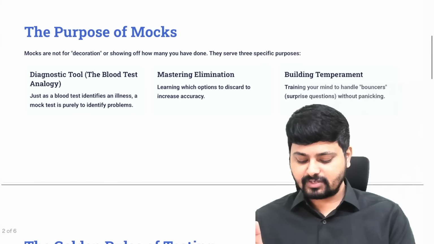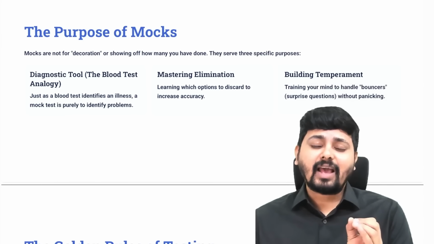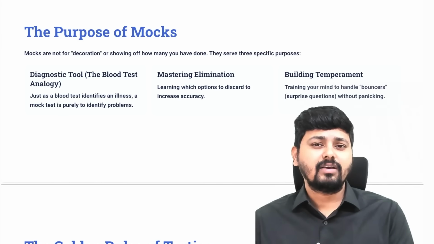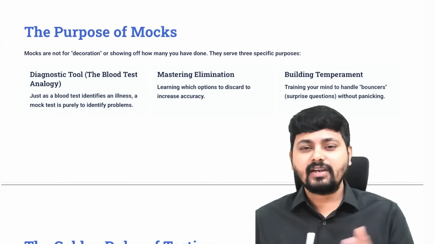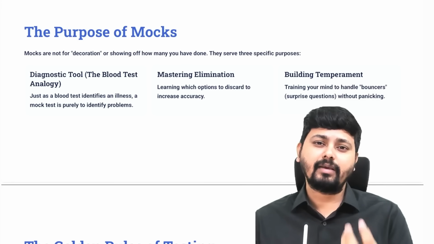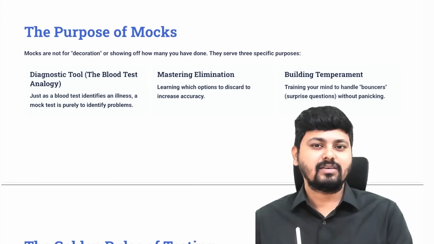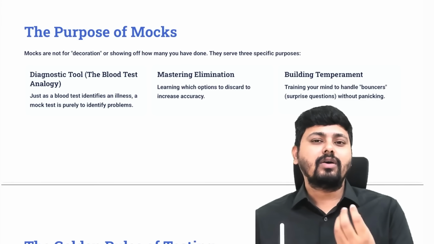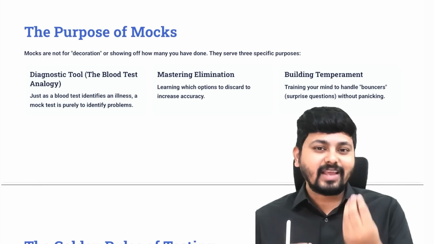The first and foremost is it acts as a diagnostic tool, just like identifying if there is any disease. Most of the times we take a test, just like a blood test. You want to find out what is the disease or what is the illness.